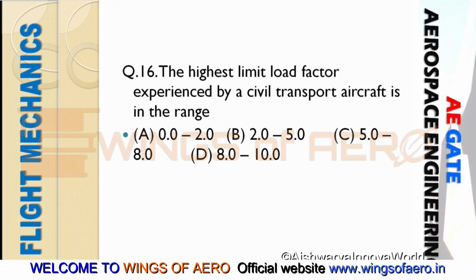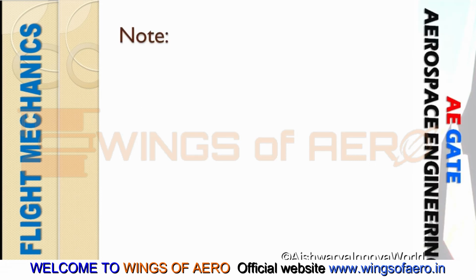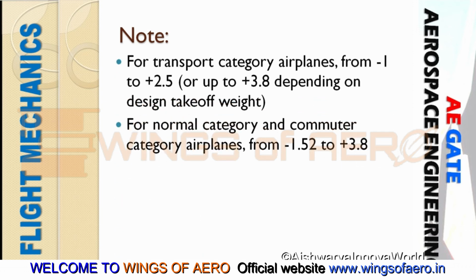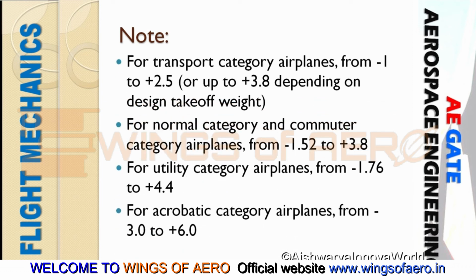Now let's note these points. There are a few categories of airplane. For the transport category of aircraft, the load factor can range from -1 to +2.5, and it can also go up to 3.8. See the last one, the utility category.